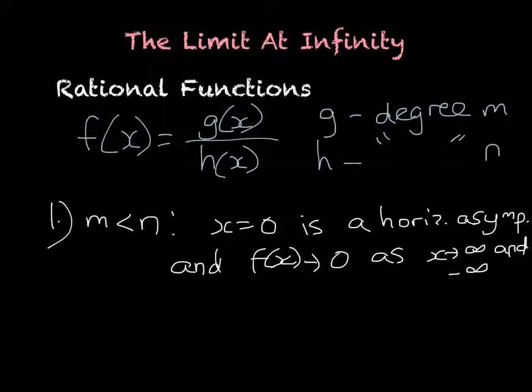So if we had something like x squared plus a bunch of other terms of lower degree over x cubed plus a bunch of other terms of lower degree, then eventually when you get to very large x, the only terms that matter are these first two. And we can intuitively reason that x cubed is going to be much, much larger than x squared, so much larger that our value is quite close to 0.